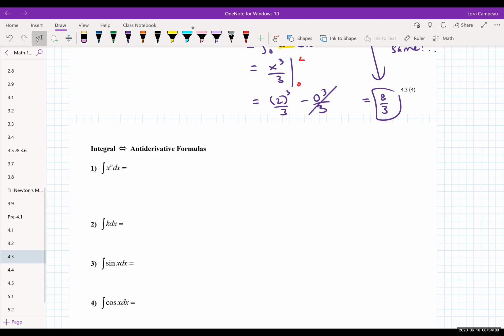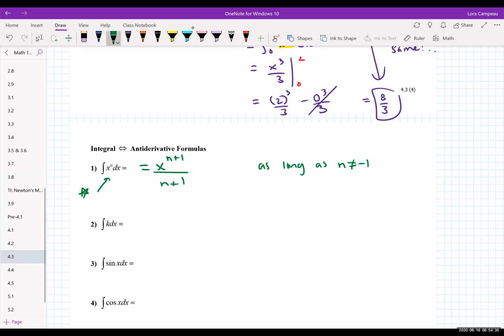It's really the most useful this semester, the one we always use: anytime you're taking the integral of a power, that's equal to, add 1 to the power and divide by the same thing, as long as our n is not equal to -1.